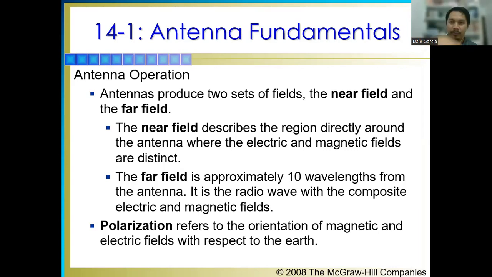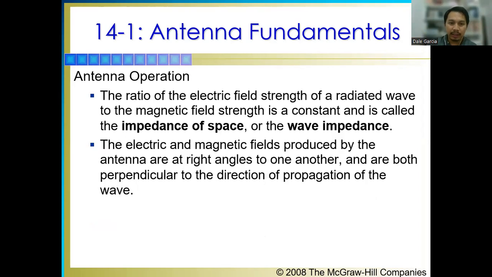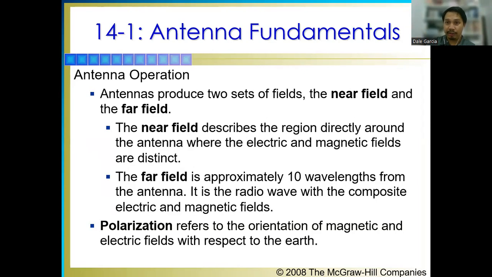If this is the electric field, the magnetic field is at right angle with respect to the electric field. So if this is the electric field, a sine wave, ang magnetic field is also a sine wave, at right angle siya sa electric field.